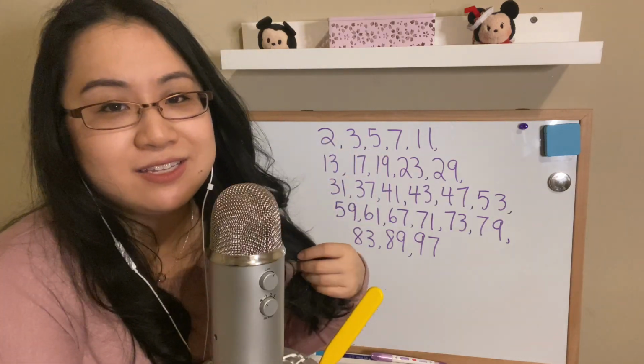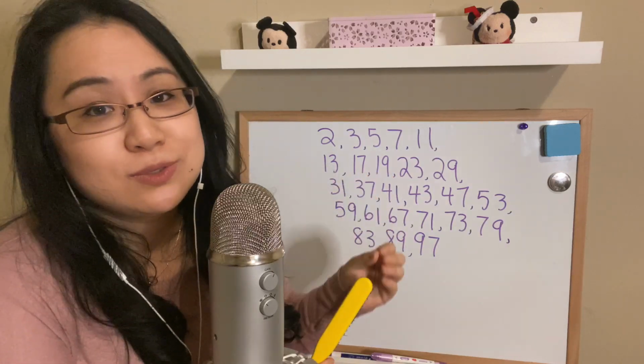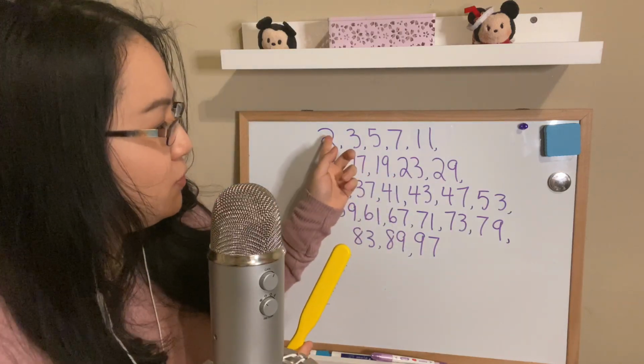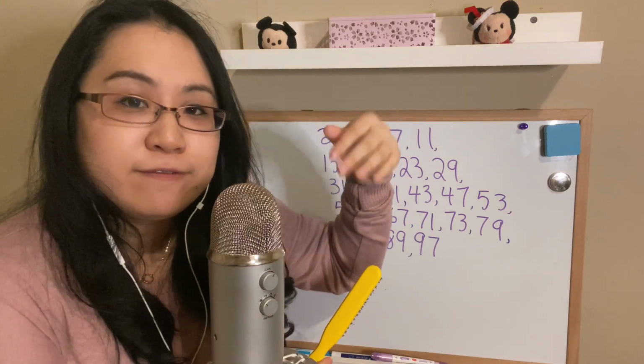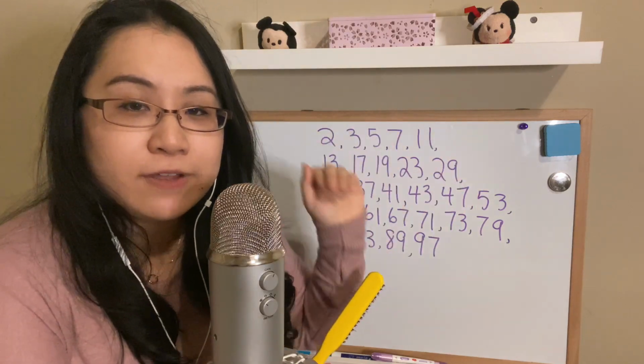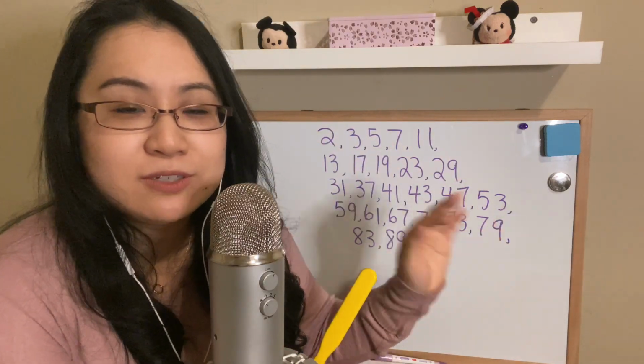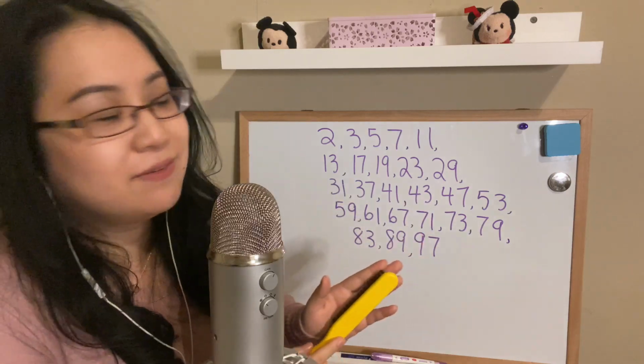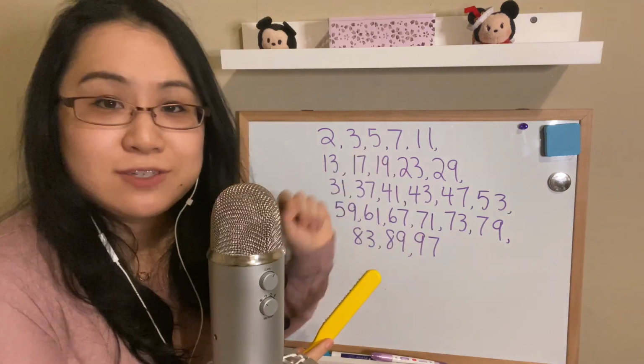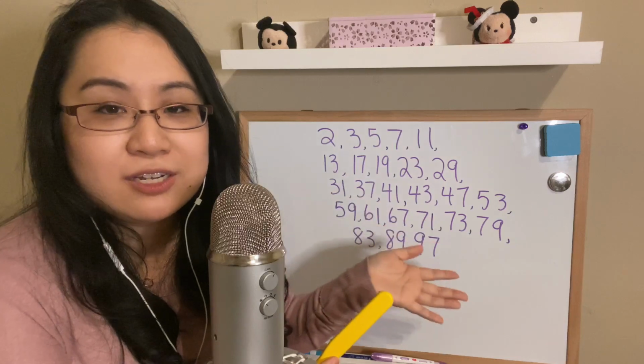4 is 2 times 2. So 2 is prime, and you can factor 4 into 2 times 2. So that's 2 squared. 5 is prime, so you can only break it down into 1 and 5.